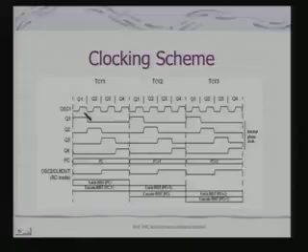This clock is internally divided or split up into 4 quadrature clocks. I am showing you Q1, Q2, Q3 and Q4. The whole instruction execution is managed by these 4 quadrature clocks.